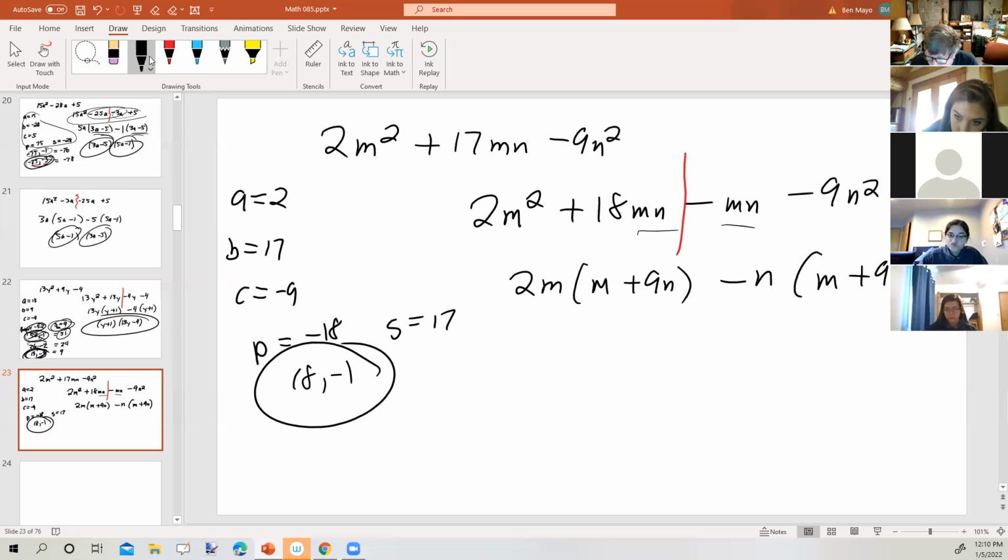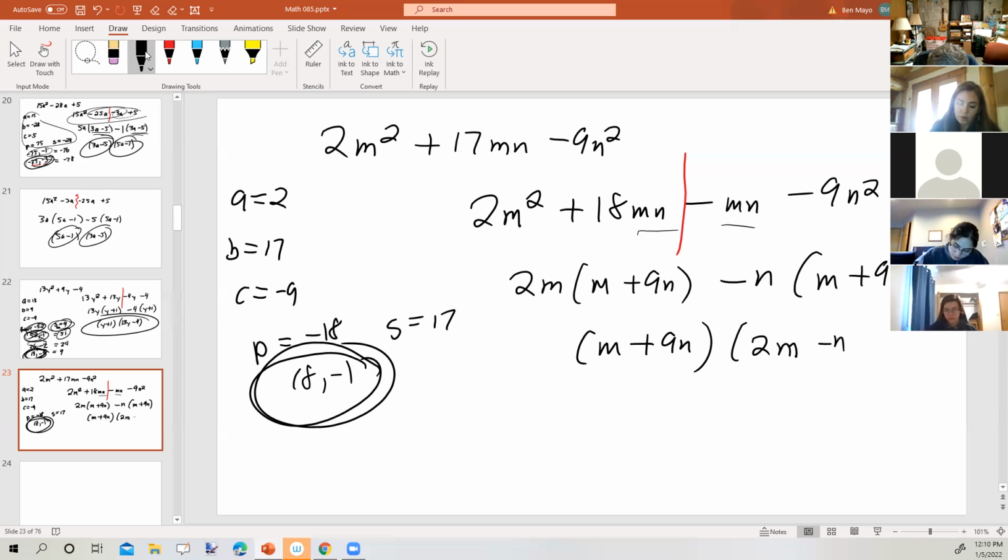Here is a money-back guarantee. If you correctly find these two numbers, you will be able to factor it by grouping. If not satisfied, your money back, okay? All right. Greatest common factor, m plus 9n, leftovers, whoops, leftovers 2m minus n.